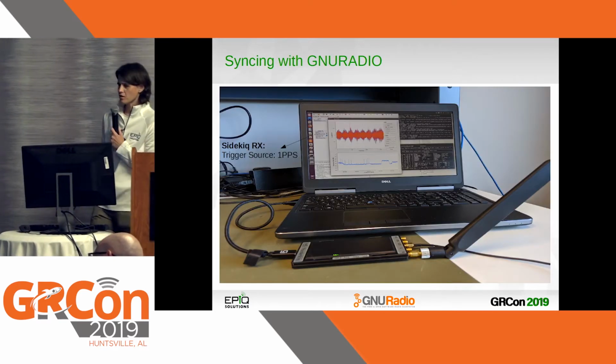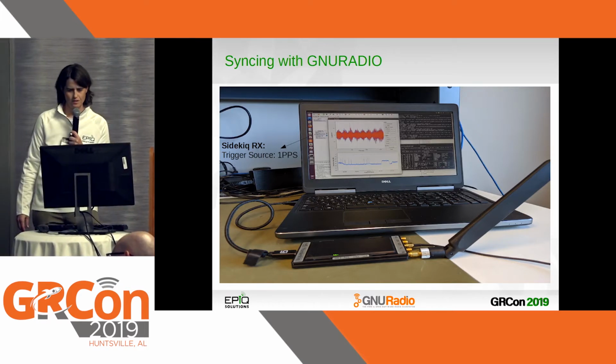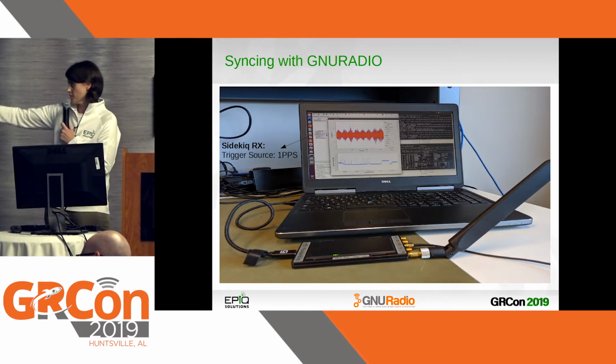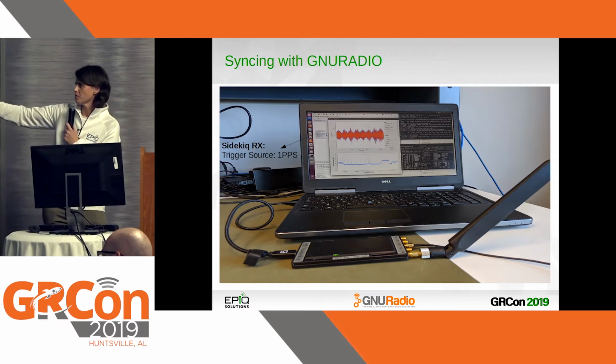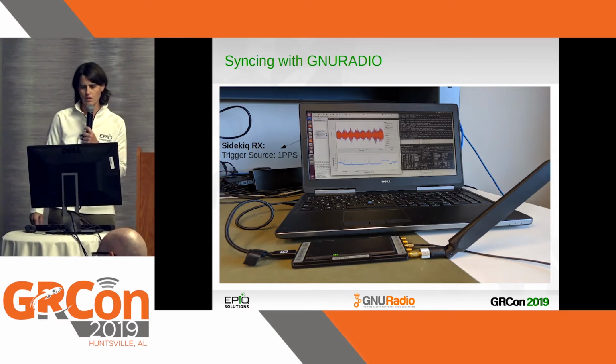Here you can see a picture that I set up at our lab, and it's got a few things going on. Right in the middle of the screen towards the bottom, we have our Thunderkick radio, connected to the laptop through a Thunderbolt 3 cable.